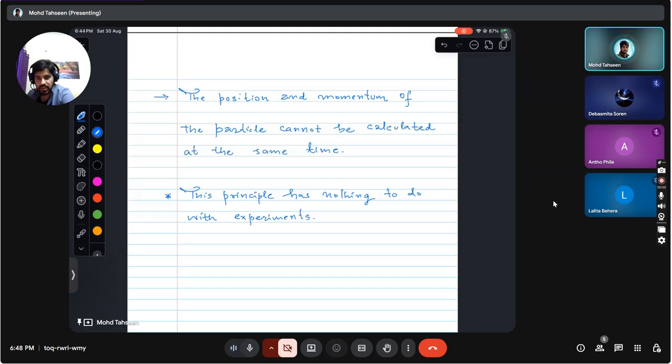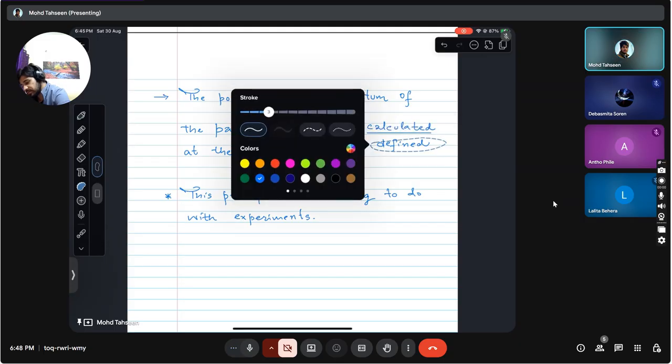It has nothing to do with any kind of experiment, any kind of measurement, or anything like that. Okay, so then what does it say? What does this delta x mean? Okay, it means that this momentum and position, so I'll just replace this word. Okay, so the correct word here is defined.